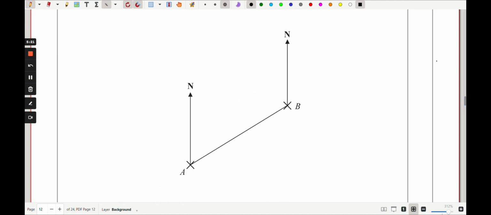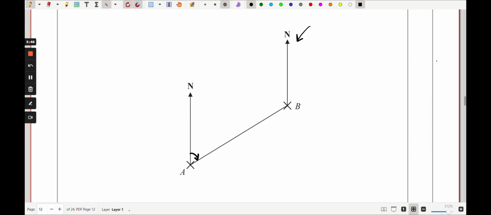We know that always we should have a north, and to measure the bearing from A, that means I have to measure it here, because the measuring is always clockwise from the north line. So here we should use our protractor, which you should have in your exam, in a geometry set.